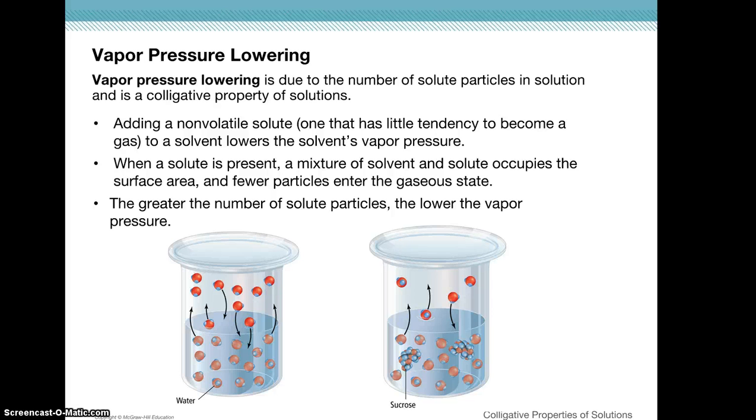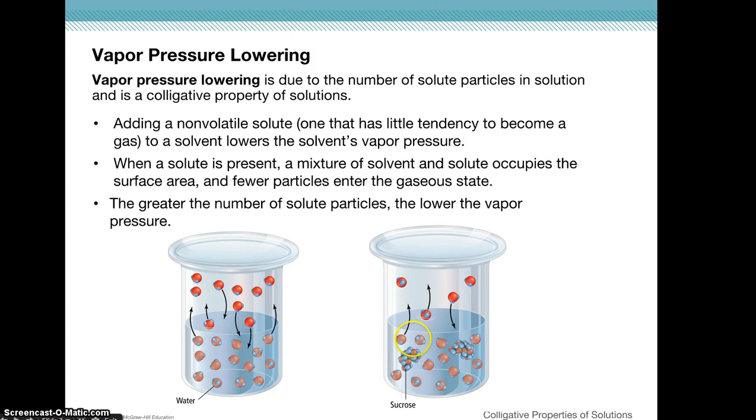Now, when we dissolve stuff in water, what we're doing is creating a mixture and lowering the surface area. So instead of the surface being just water molecules, the surface is actually going to be sucrose, which is sugar, and water molecules. So less of the water will evaporate, which leads to lower pressure. Now, how many particles we get when it dissolves is going to make a difference.